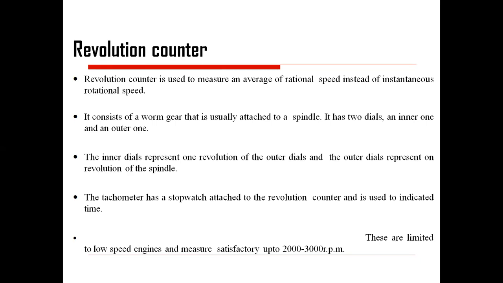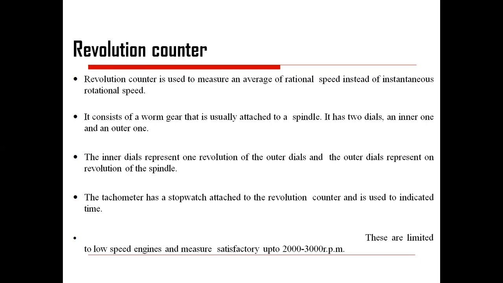Generally, the revolution counter is used to measure an average rotational speed instead of instantaneous rotational speed. It consists of a worm and a gear usually attached to a spindle, and it has two dials, one inner and one outer. The inner dial represents one revolution of the outer dial, and the outer dial represents a revolution of the internal spindle.